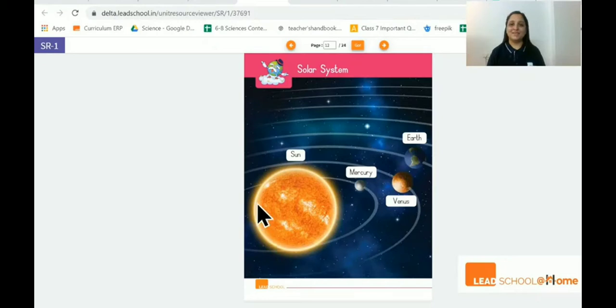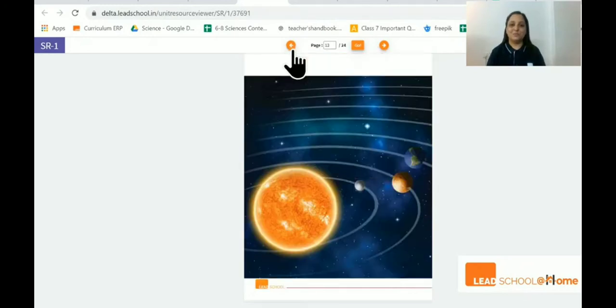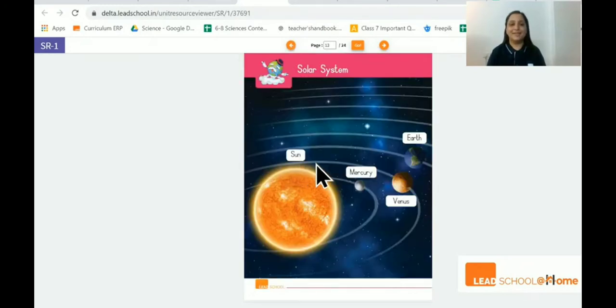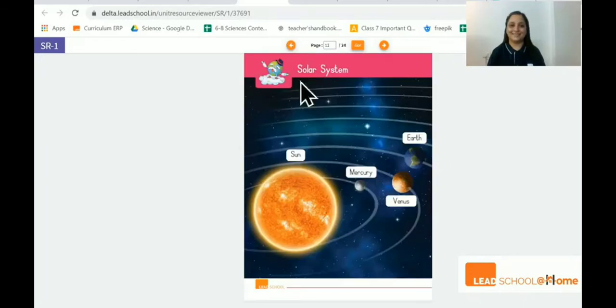Parents, as you can see, this has two parts. On the first part, you can see the sun and some planets, and on the second part, you can see the rest of the planets. So please show your child this picture. Tell them that this is the sun and how the planets are arranged in this order around the sun.